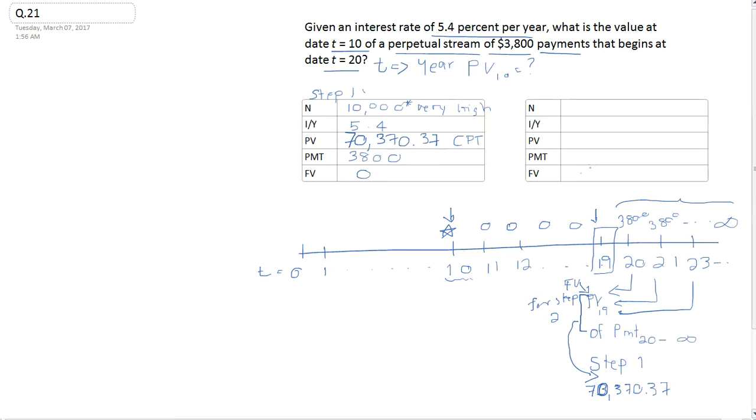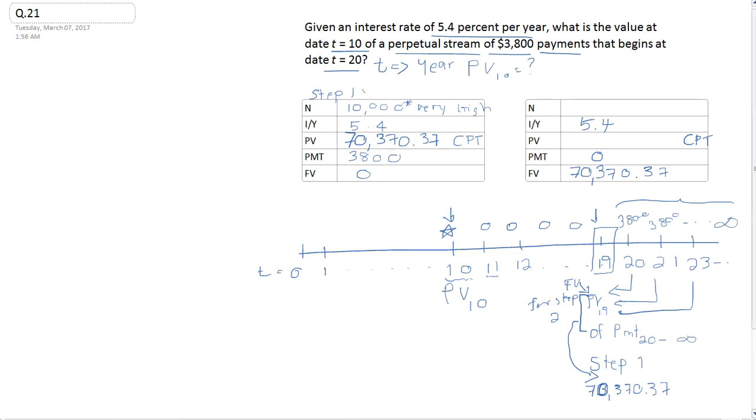Okay, so in step 2 we will put the lump sum that we got from first step calculation as FV. Payment is 0, and we're gonna compute for PV. IY will be 5.4. Again, be careful when you compute here, because we're gonna compute PV at time 10.